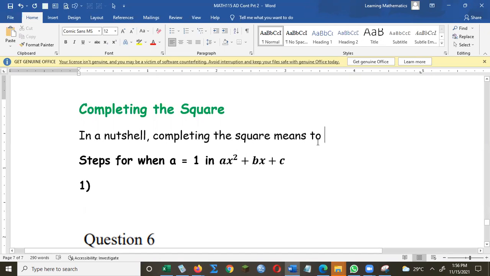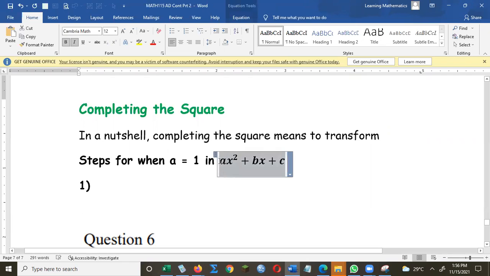You know what completing the square means in mathematics under the topic of quadratics? It means to transform. So that's the standard form for a quadratic, ax squared plus bx plus c.